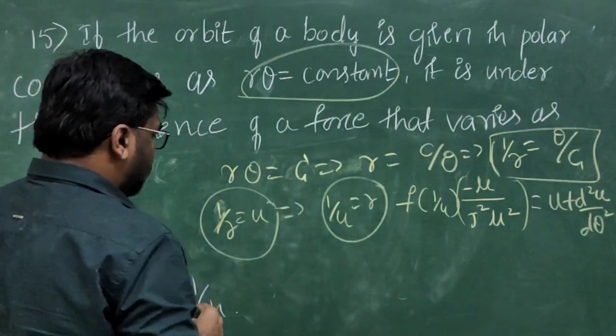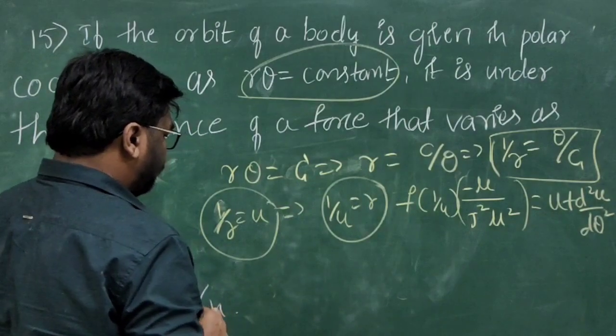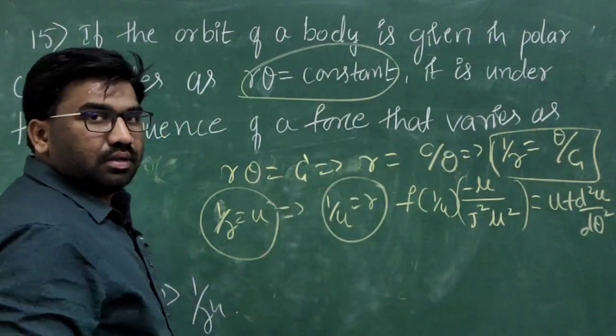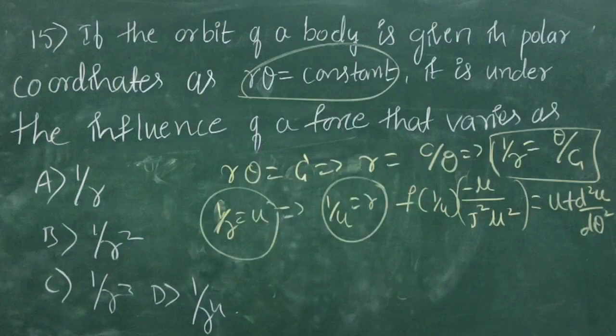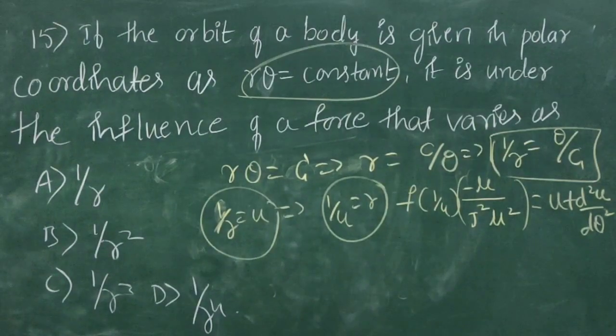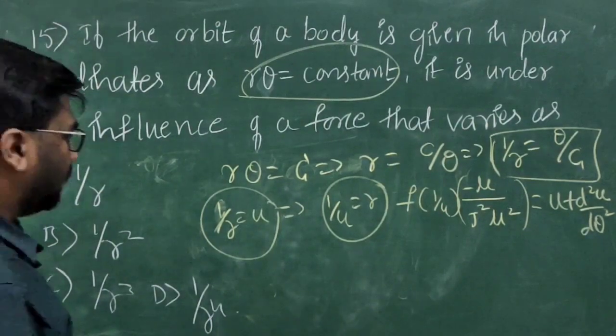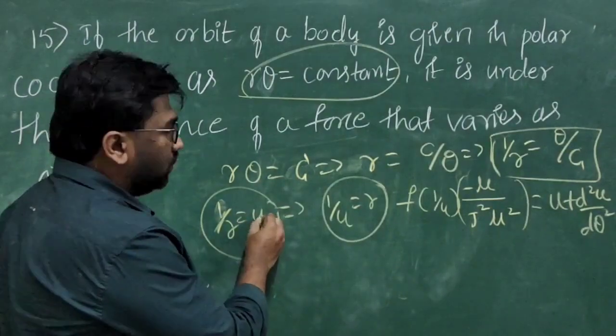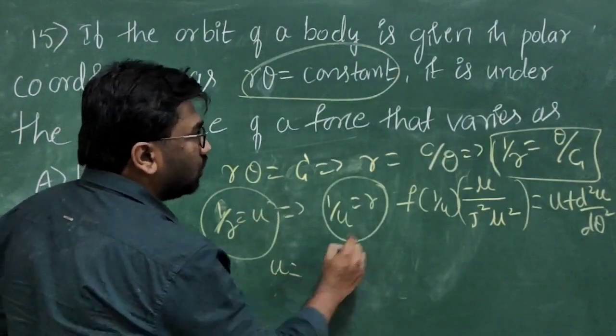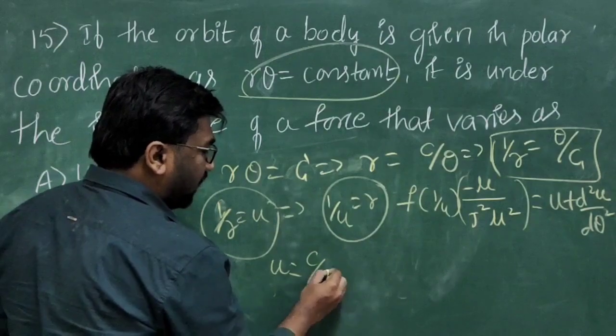Let us consider 1 by r is equal to u. So therefore u is equal to c by theta.